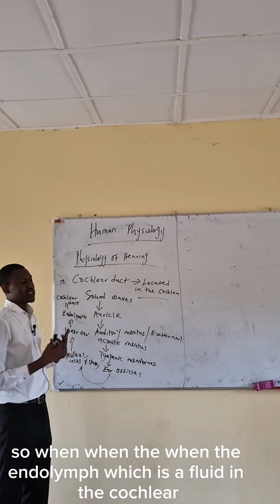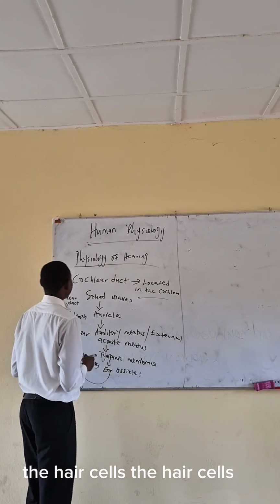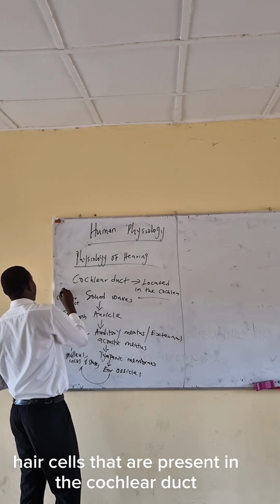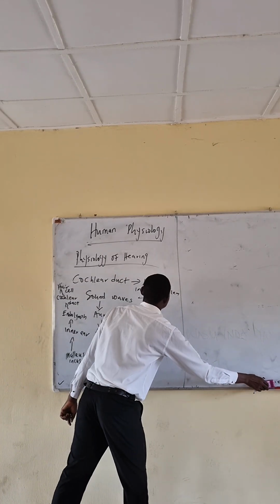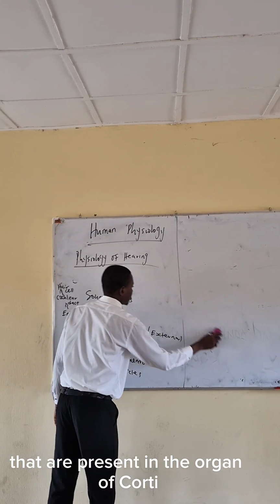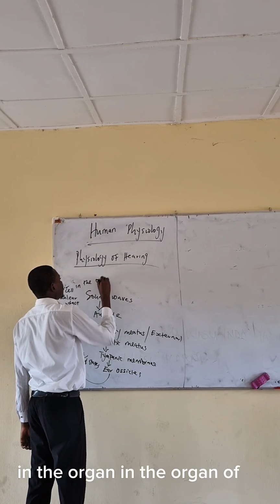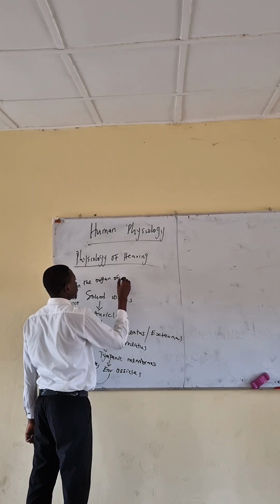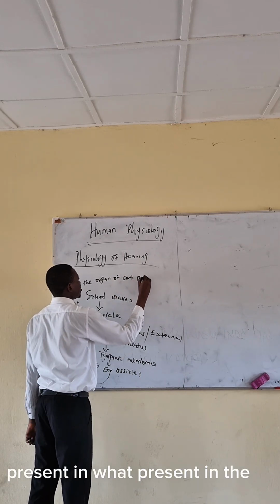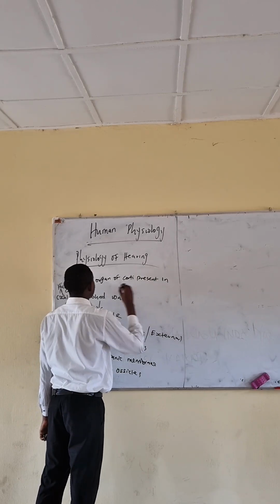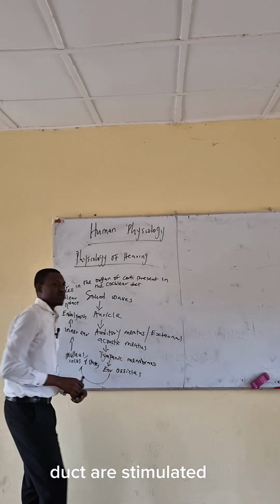When the endolymph, which is a fluid in the cochlear duct, begins to vibrate, the hair cells that are present in the organ of Corti within the cochlear duct are stimulated.